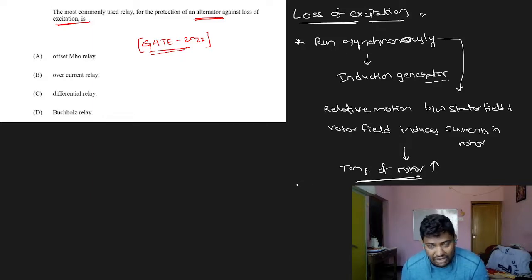In order to prevent all this, we can add one more point, that is whenever it starts behaving like an induction generator, it draws reactive power. Right, let me write the point.